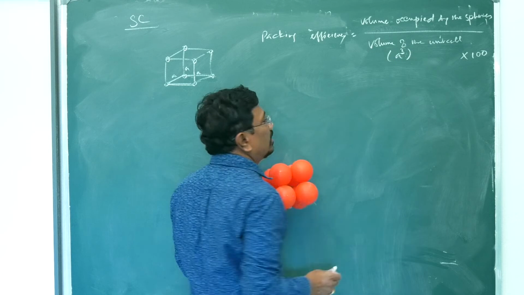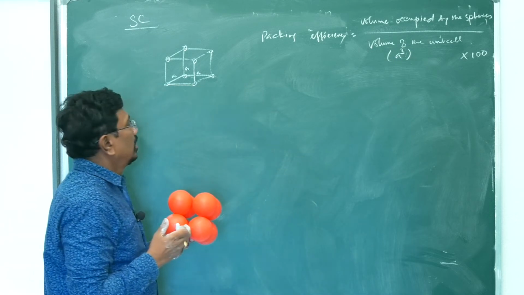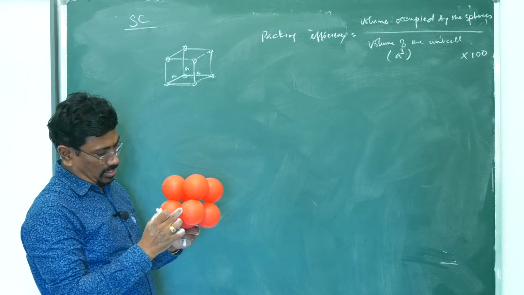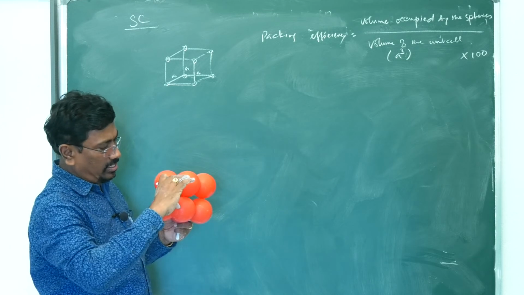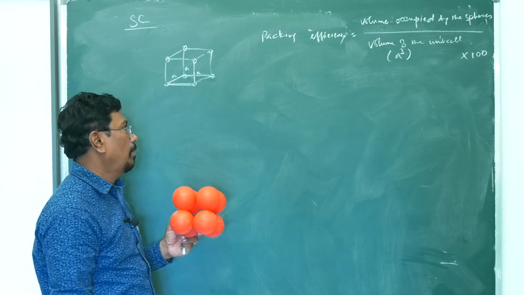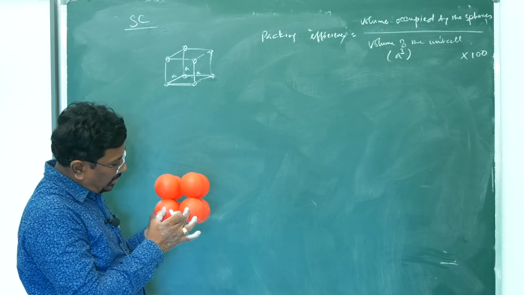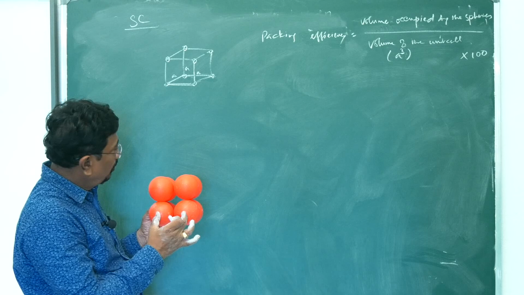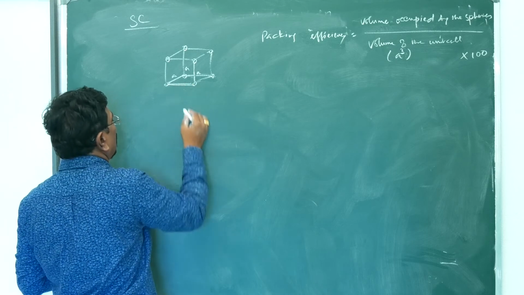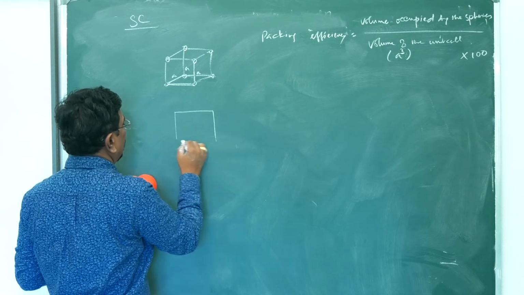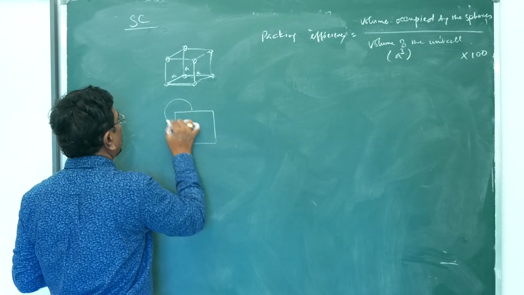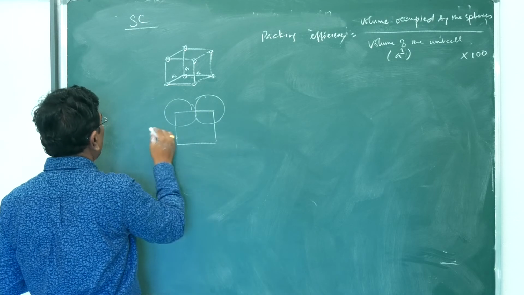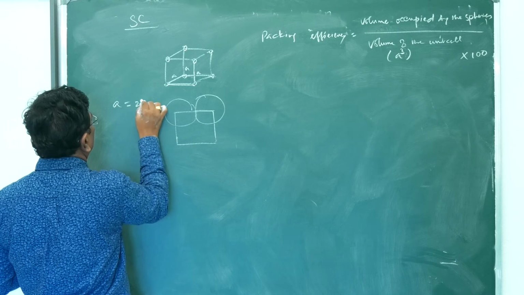Edge length cubed gives you the volume of the unit cell. But a is equal to 2r, where r is the radius of the sphere. Two atoms touch like this, as I have drawn already. Here 1 atom, here 1 atom. Therefore, a is equal to 2r.